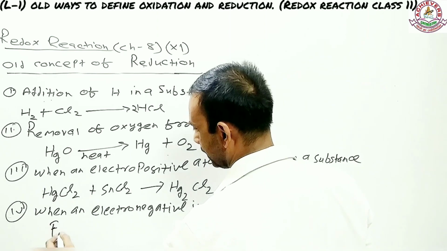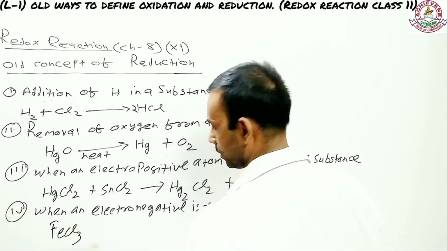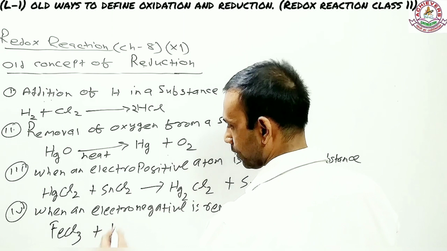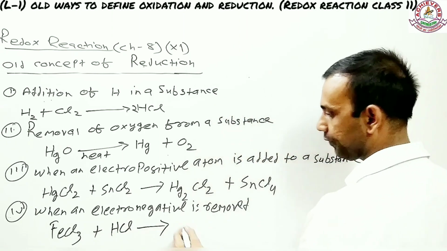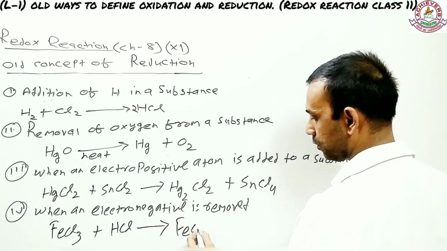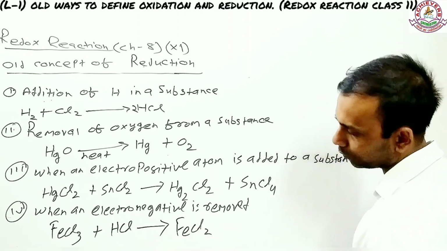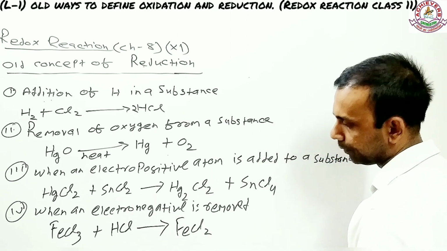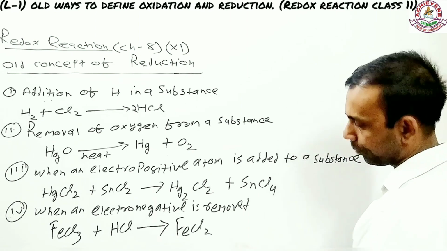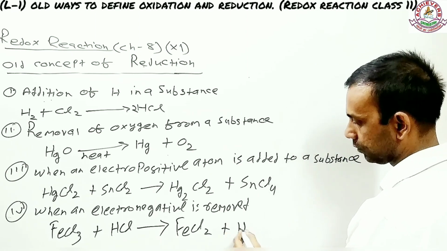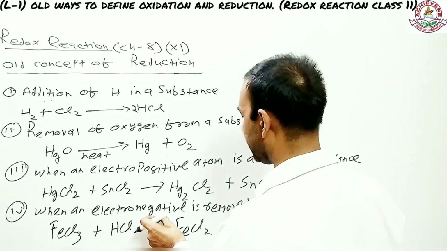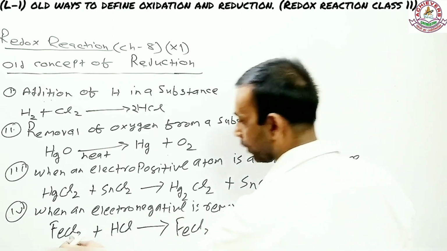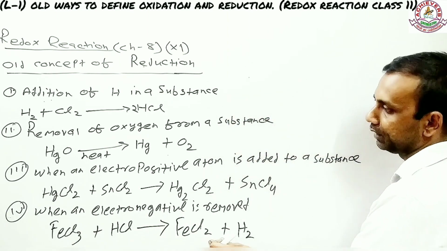Suppose FeCl3 reacts with HCl, it forms FeCl2 plus H2. So what is happening here? An electronegative atom is being removed. There are 3 chlorine here, but there are just 2 chlorine here.